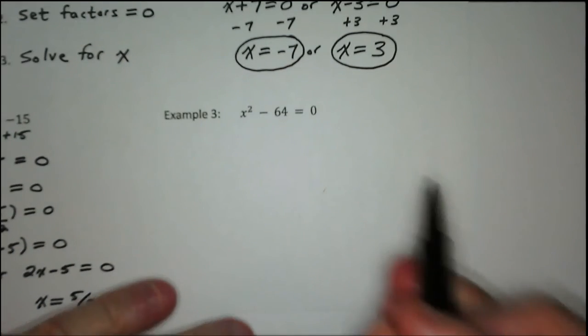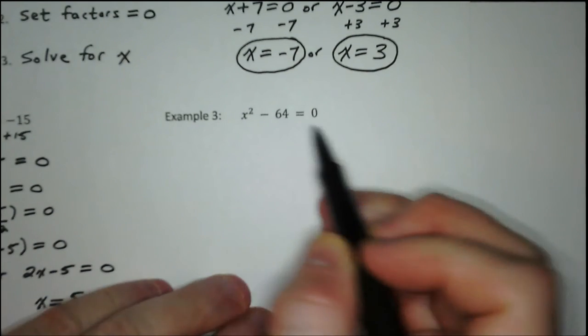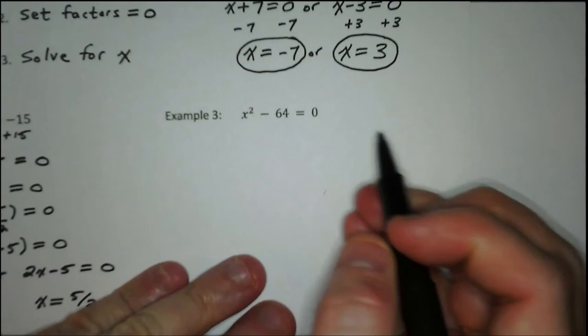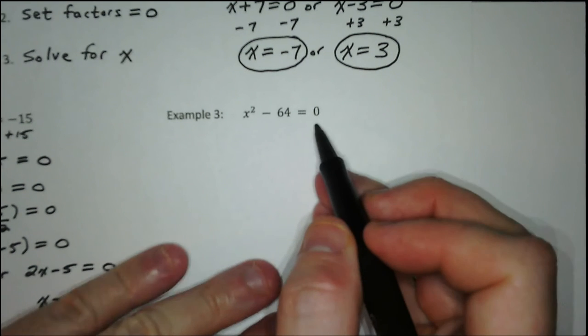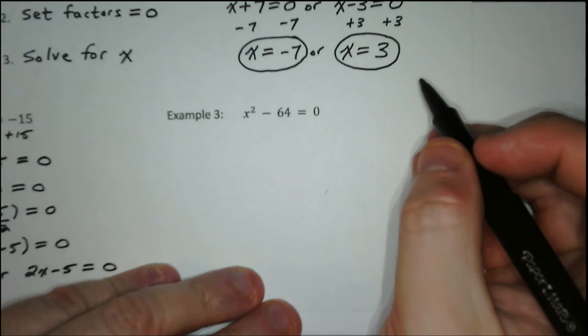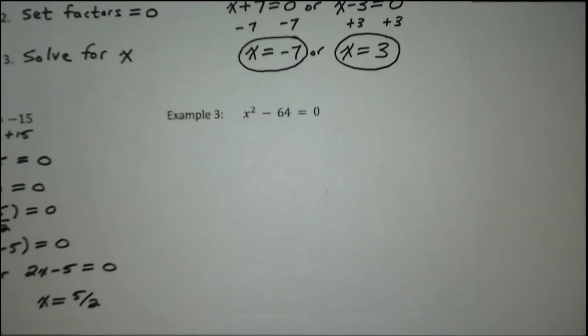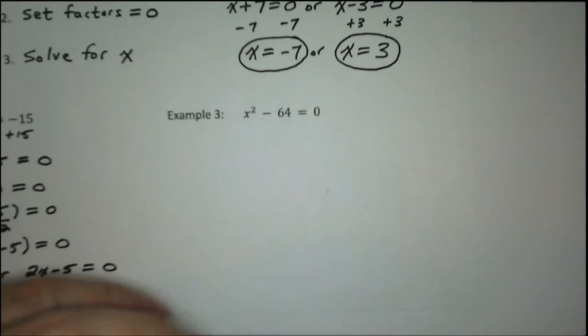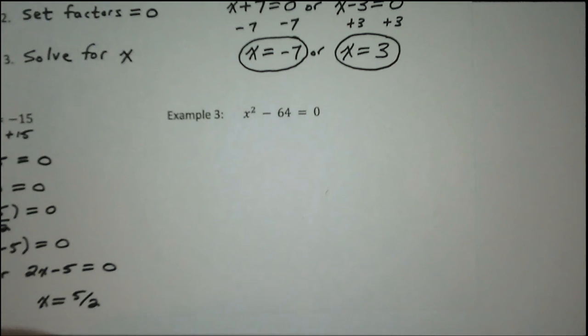Example number 3. It's quadratic. Could we just get x by itself here? Actually, we kind of can. Oh, plot twist. Whoa, hold on a second. Yes, we actually can.